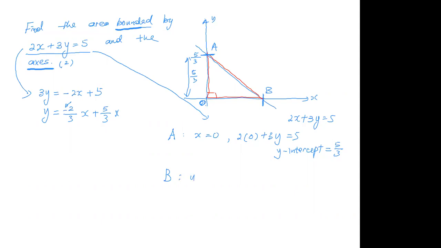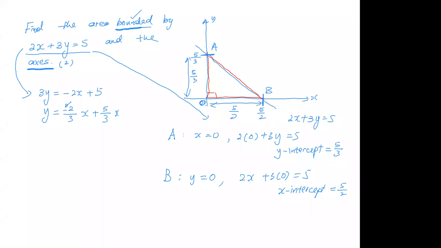So y is equal to 0. So I just put in 2x plus 3 times 0 is equal to 5. So my x-intercept is equal to 5 over 2. So the distance here is 5 over 2. You must understand what you mean by bounded. That means that is the side of the shape.